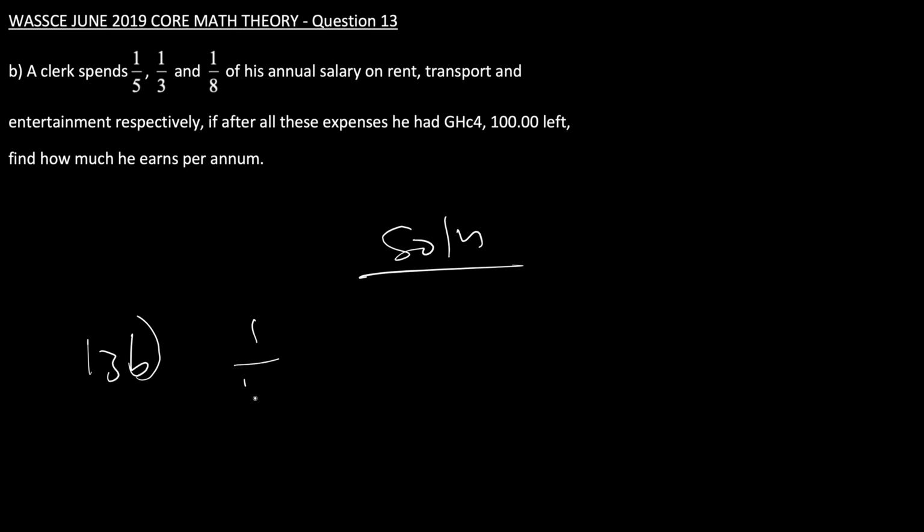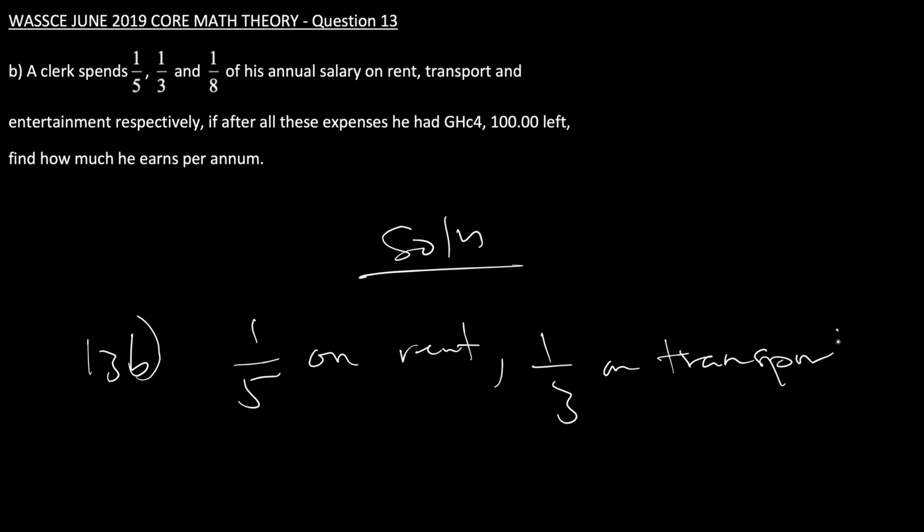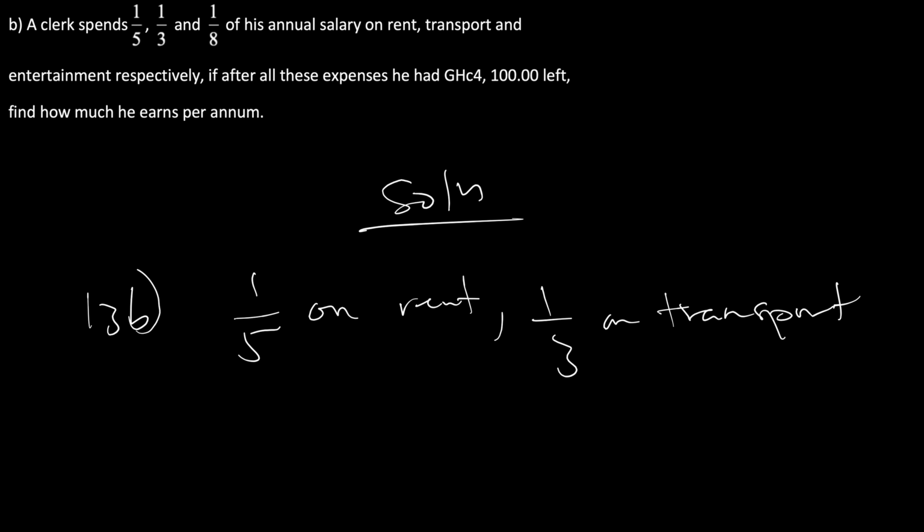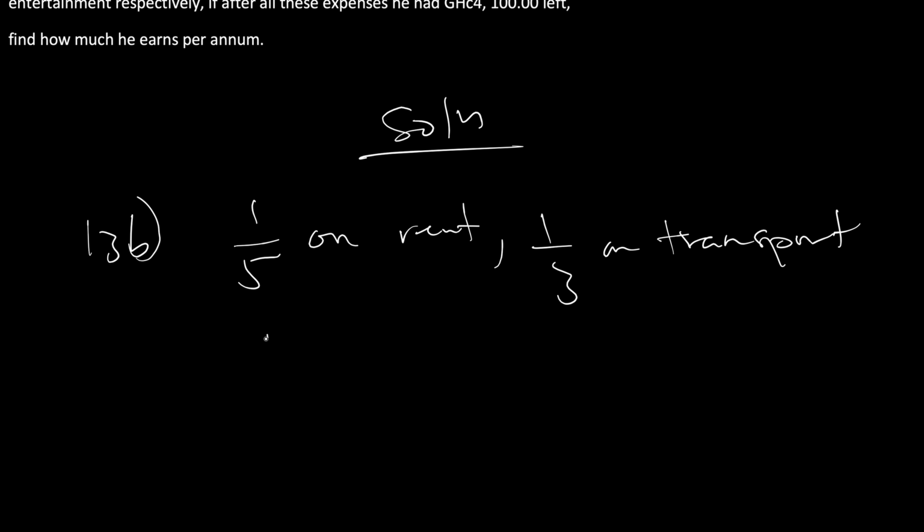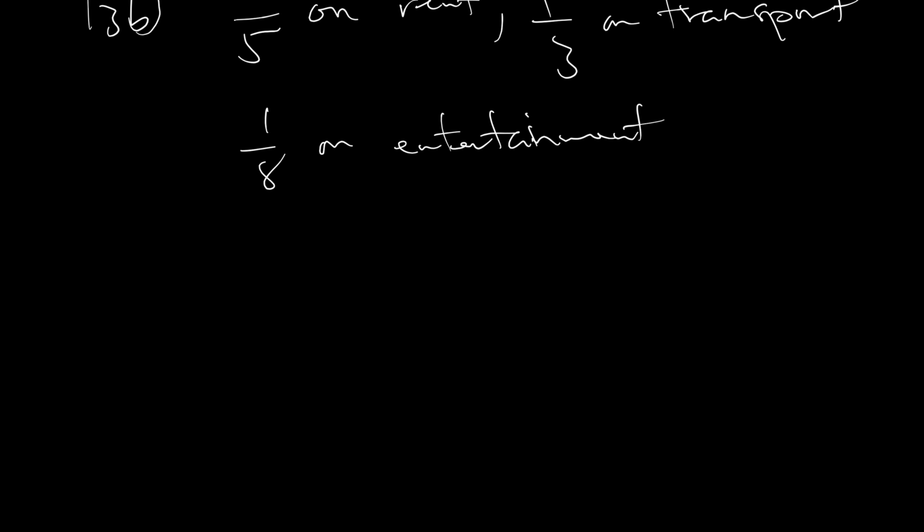So 1/5 on rent, 1/3 on transport, and 1/8 on entertainment. And after everything, he has 4,100 left.